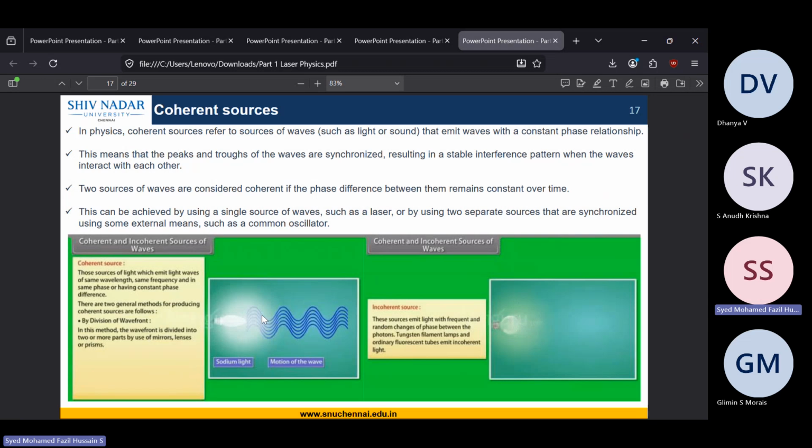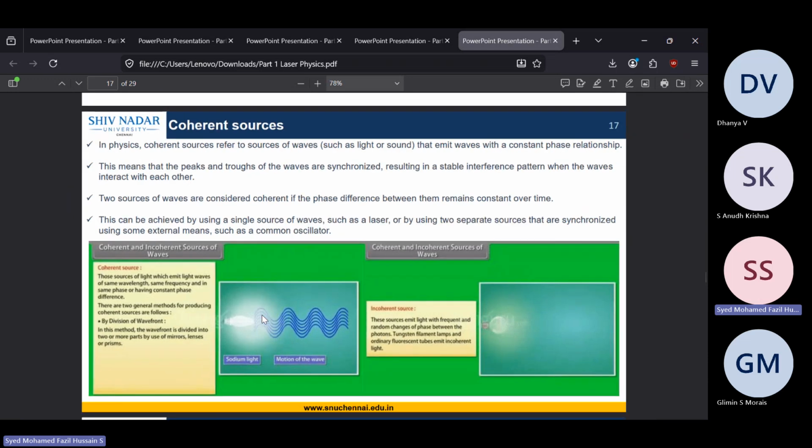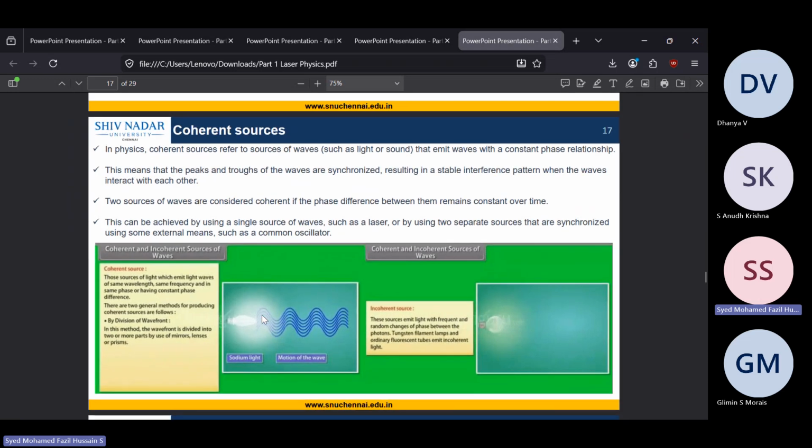If we take a laser, the waves construct each other due to the property of the resonant cavity. I'll explain that later, because in the resonant cavity, the emitted lights which have survived the resonant cavity will be in the same phase. So that's why it constructs and gives us a highly coherent laser wave.